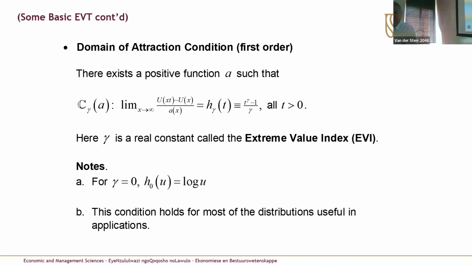If we think of X as 1 over some other P deeper into the data, then we can write this for large X as UXT approximately UX plus AX times the right-hand side. Okay. And on the left-hand side, you have what you're aiming for.